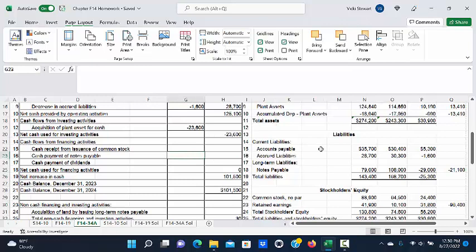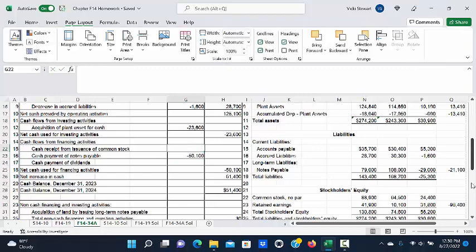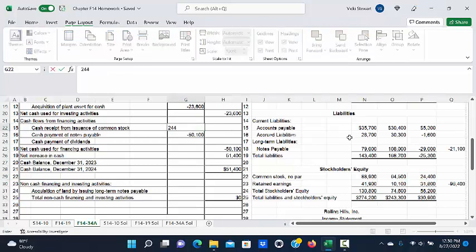So that's going to be a use of cash, the $50,100. Now we're going to scroll down and look at our stockholders' equity accounts. We notice that common stock increased by $24,400, so that's going to be a provision of cash, or a positive amount of $24,400.